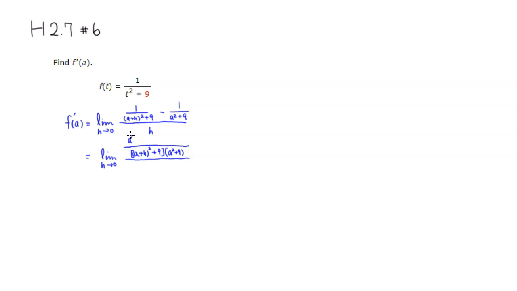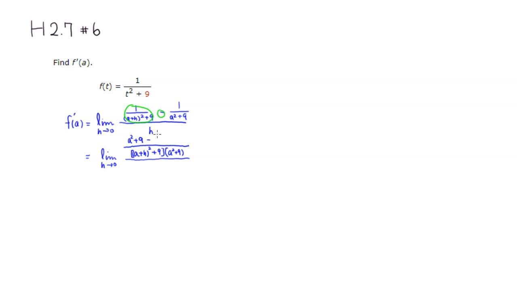So 1 times a squared plus 9 is a squared plus 9. There's a negative sign there, so it's going to be minus. Then we multiply the numerator of this fraction by the other denominator.